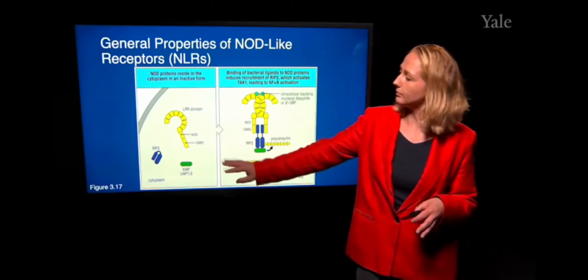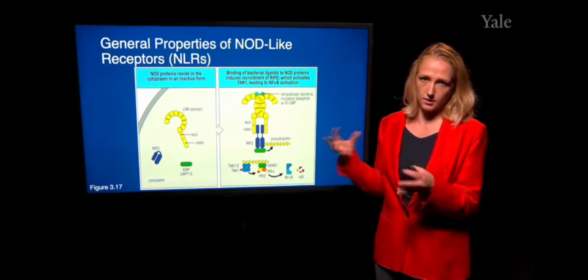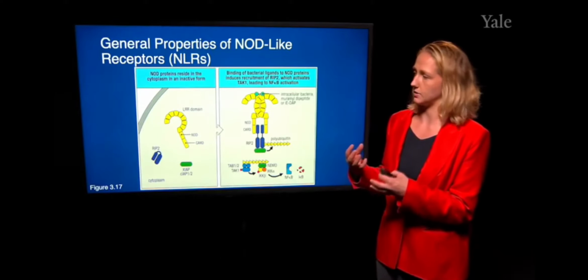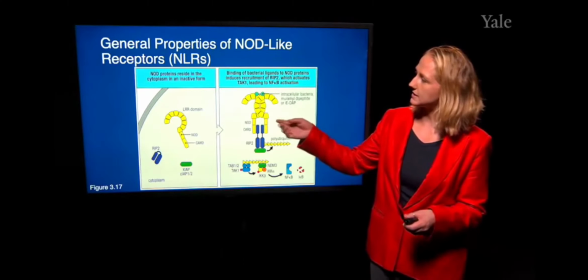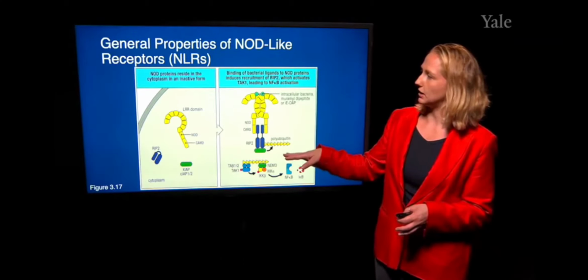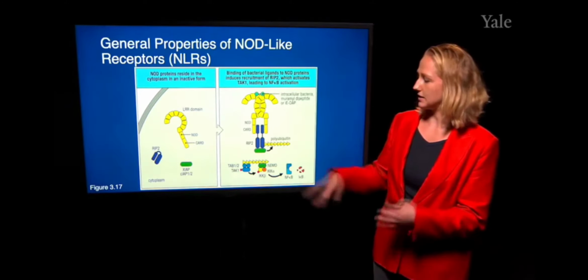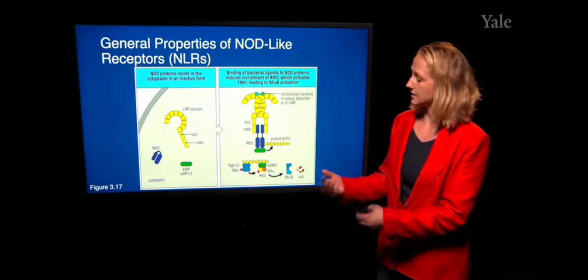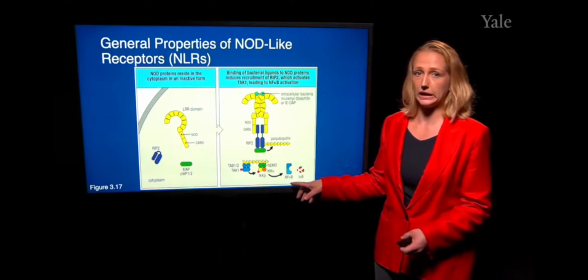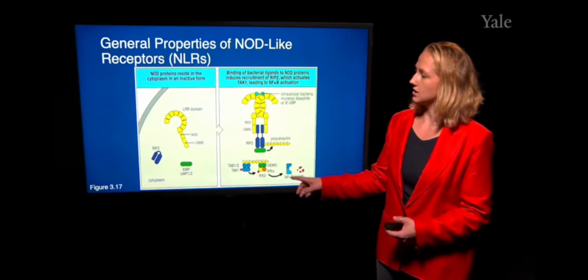And then when bacterial ligands are found within the cytoplasm where these Nlrs are expressed, this leads to the dimerization of NOD proteins, which then leads to the recruitment of the adapter RIP2, which then activates TAK1. So this is very similar to the cell signaling that you saw from TLRs, because NF-kappa B, again a cytokine transcription factor, is induced by the Nlrs in this case.